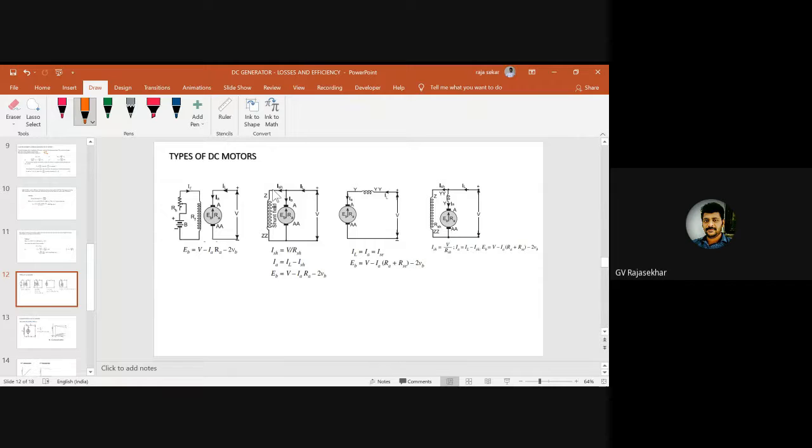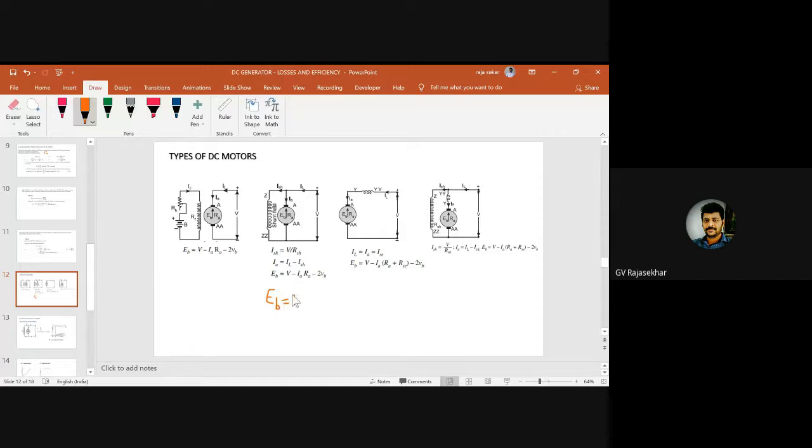So this IA into EA; here we call it EB. In the generator we call it EA, the generated EMF, and here we call it EB, which is called back EMF.